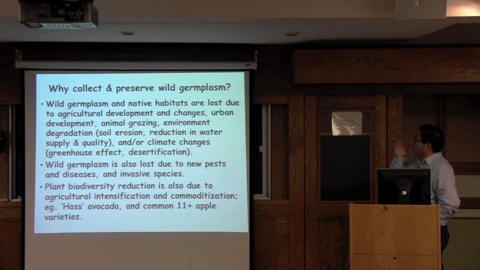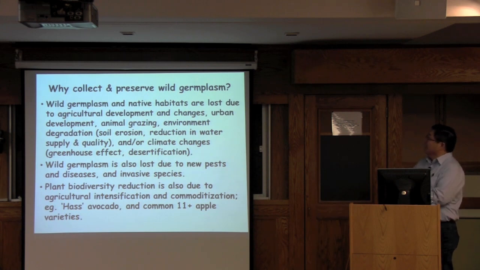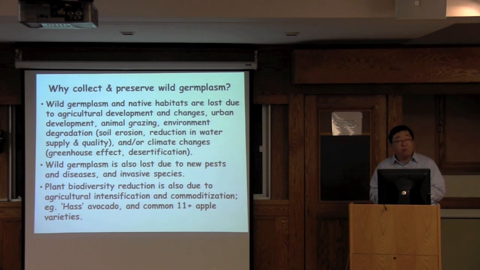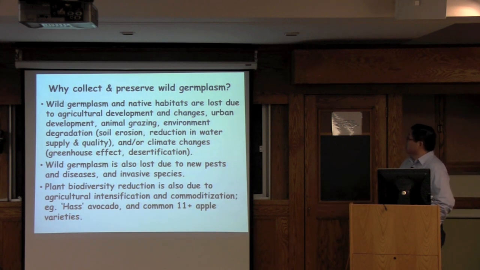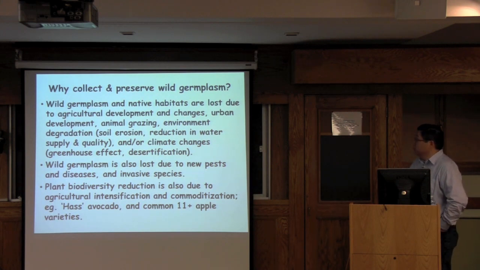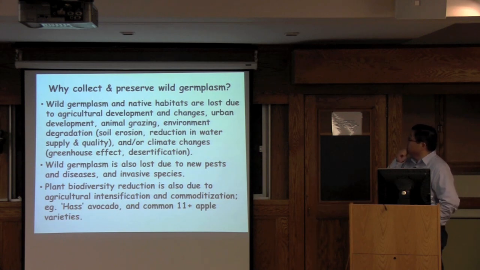So quickly, I want to make a pitch. Why do we need to collect and also preserve wild germplasm material from the wild? Because a lot of wild germplasm and also native habitat are lost due to agricultural development, also changes in agriculture practices. Also, a lot of urban development, a lot of animal grazing, and environmental degradation is a serious issue, such as soil erosion and reduction in water supply and quality.